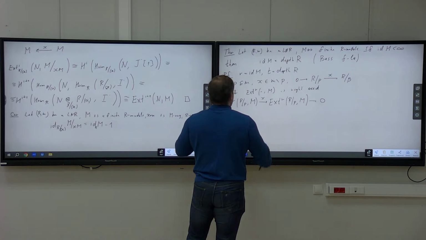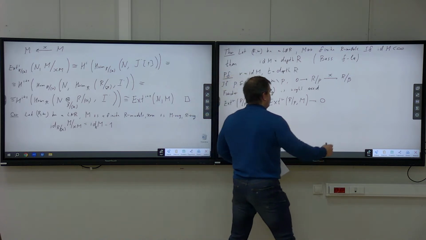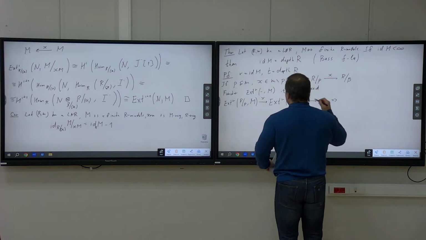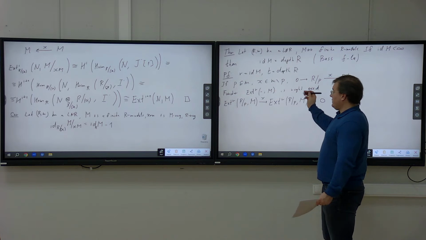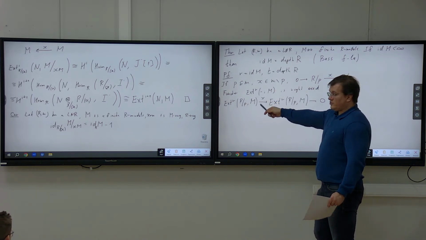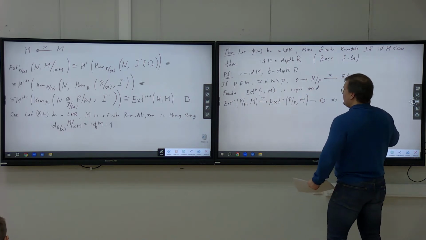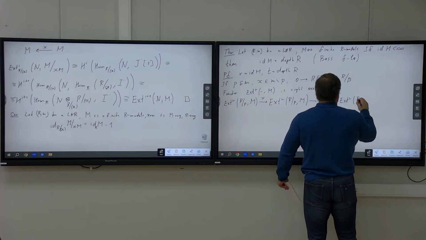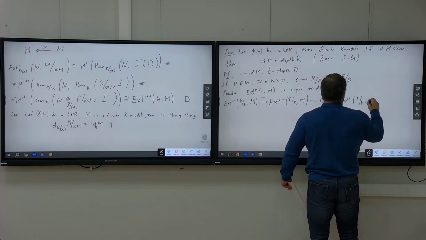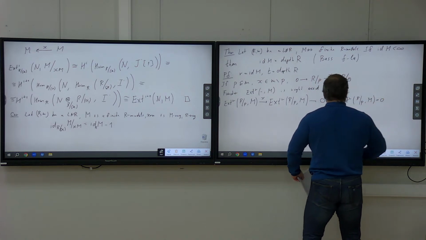So the same thing as we've seen before several times, and even today. This is clearly a finitely generated module, so x is an endomorphism, surjective, apply Nakayama's lemma, and conclude that Ext^r(R/p, M) is equal to 0.